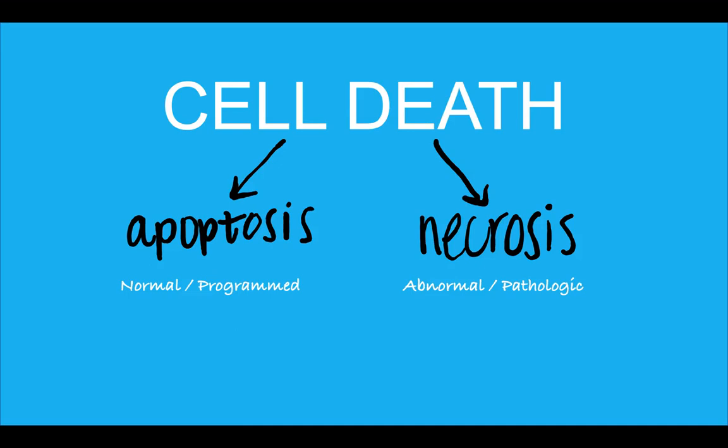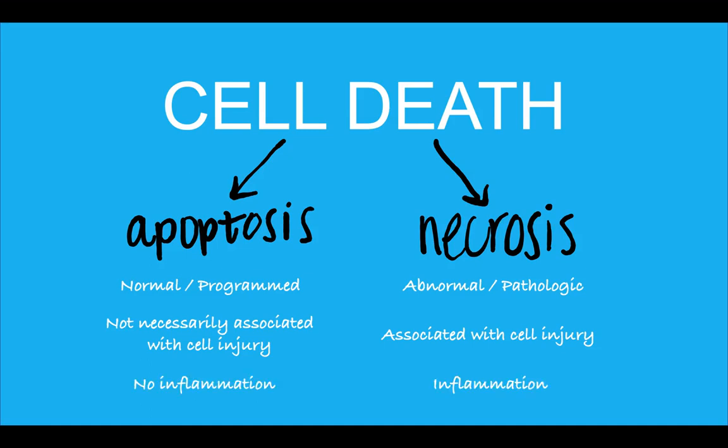Now, apoptosis can be associated with cell injury, but it's not necessarily associated with cell injury, whereas necrosis is pretty much always associated with some form of cell injury. And then lastly, apoptosis is not going to have inflammation because you don't completely lose that membrane integrity, and the membrane fragments are going to be picked up really quickly, versus in necrosis, because it's not regulated, you're going to have a host response, you're going to have inflammation.